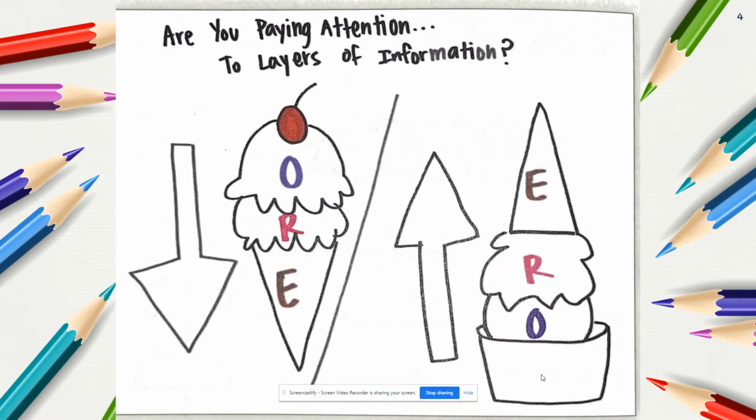When reading, it's good practice to pay attention to all the details and layers of information in the text and what an author is trying to give you. Take a look at this anchor chart here. This is called the Layers of Information Anchor Chart. Sometimes when determining main idea, it may not be clear, but instead it is implied.